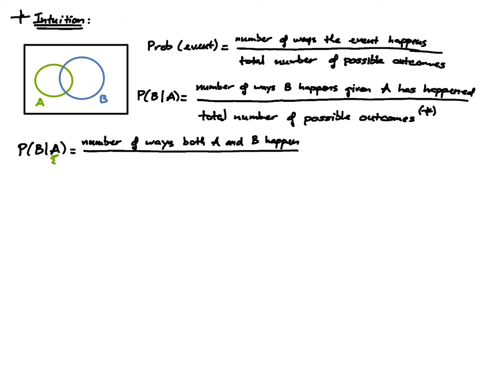We only care about the part of the sample space where A happens. So we're going to ignore the shaded area. We ignore the whole shaded area and we only care about whatever happens inside the green circle. Should be orange. And so we ignore the shaded part.